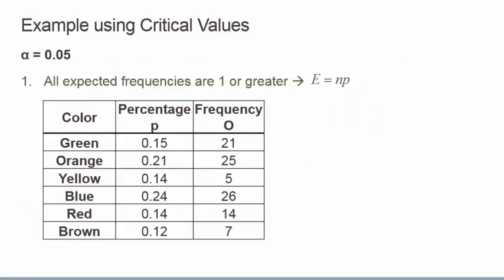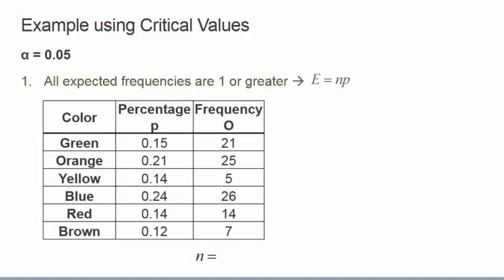Next, we need to decide if we can use the chi-square goodness of fit test. 1. All expected frequencies are 1 or greater, which is E equals N times P. So in my table, I've changed my percentages from percents to decimals. So green is 0.15, orange is 0.21, yellow is 0.14, blue is 0.24, red is 0.14, brown is 0.12.